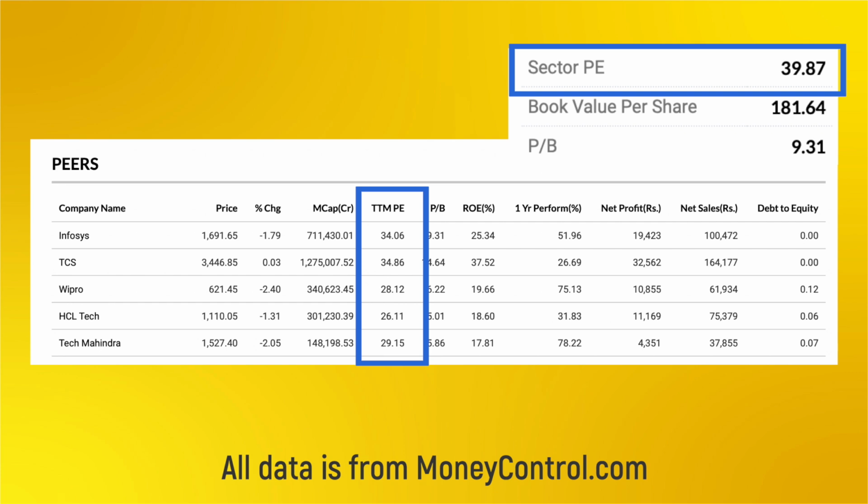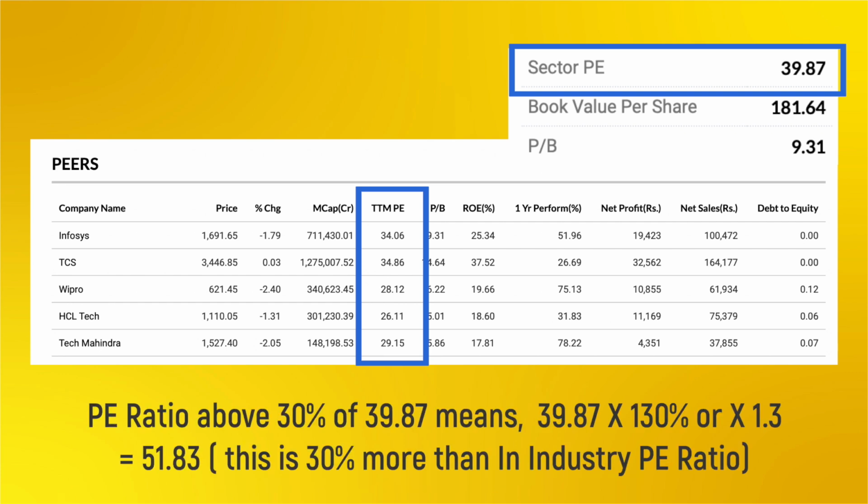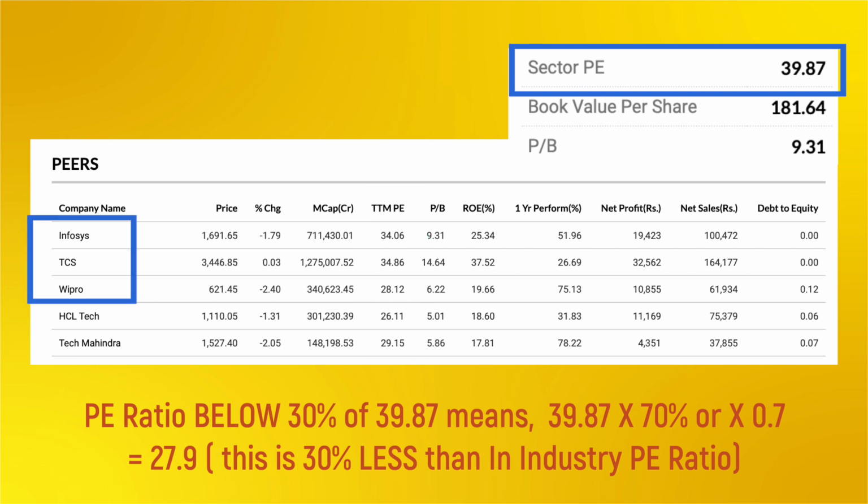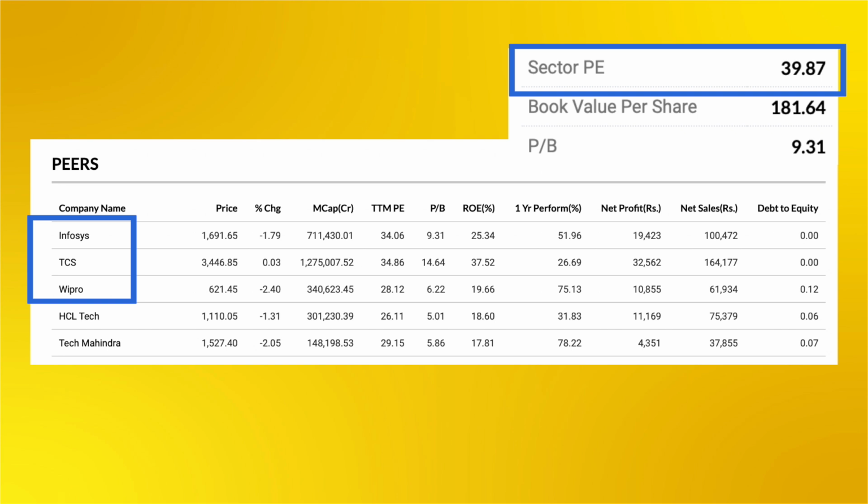So all the companies whose PE ratio is above 30% of the sector PE ratio are overvalued. And the companies whose PE ratio is below 30% of the sector PE would be companies that you need to avoid. So Infosys, TCS and Wipro are companies which we can say are right now a bit undervalued.